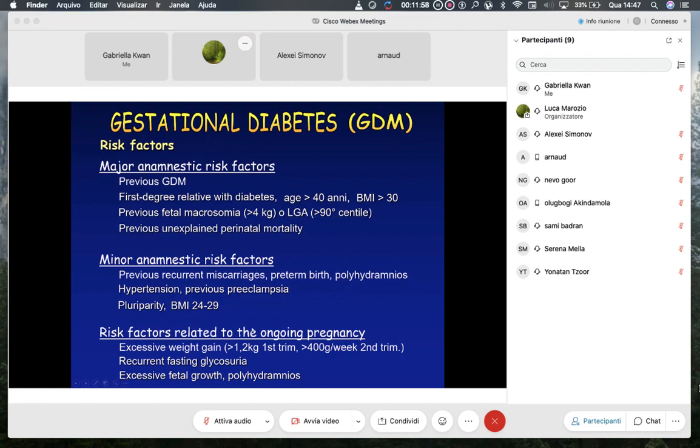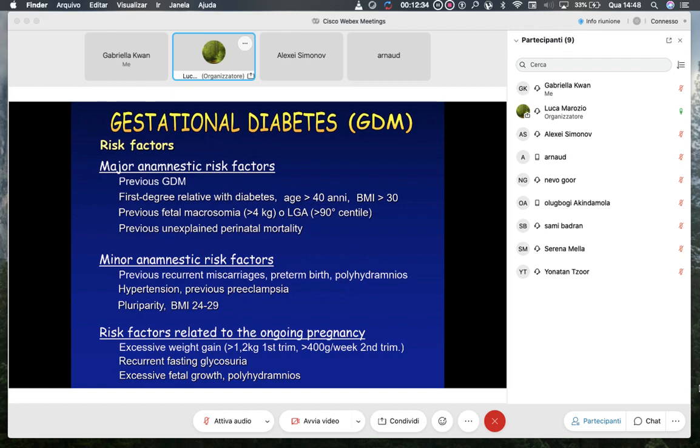There are factors related to the ongoing pregnancy: excessive weight gain, for example, more than 1.2 kilograms in the first trimester, or more than 400 grams per week in the second trimester. A recurrent fasting glycosuria is quite common in pregnancy because there is a reduction of glucose reabsorption by the kidney.